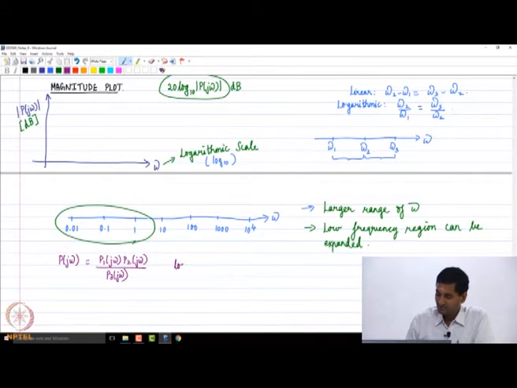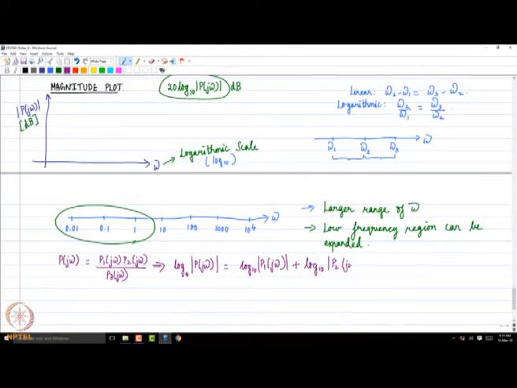If you take log of the magnitude of P of j omega, to the base 10, we get log to the base 10 magnitude of P1 j omega plus log to the base 10 magnitude of P2 j omega minus log to the base 10 magnitude of P3 j omega.